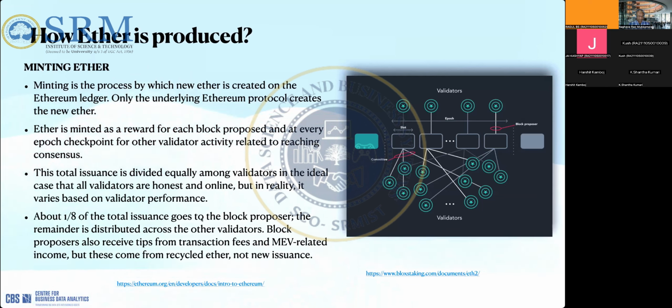The base fee will be burnt, and the priority fee will be collected, because it is like a tip you give to the miner, so they will collect all the priority fees. That is nothing but a recycling of ether. No new ether is being created; on the other hand, they get this recycling of ether. Remember, we don't have coins, we have an account-based ledger.